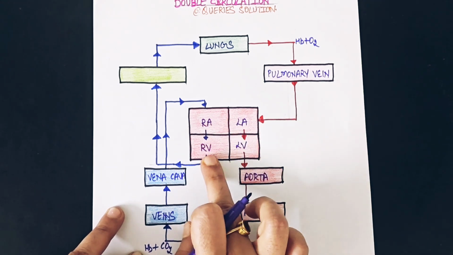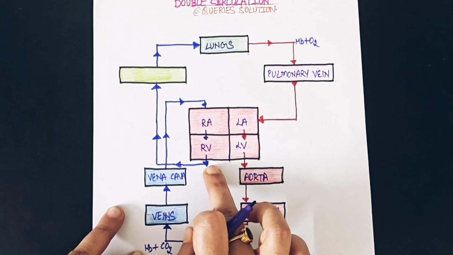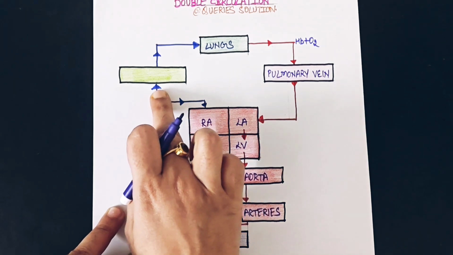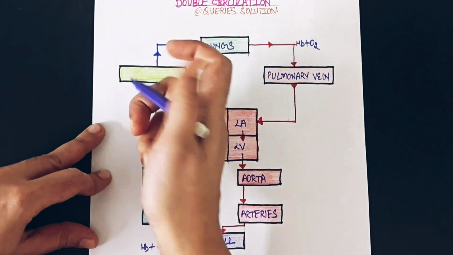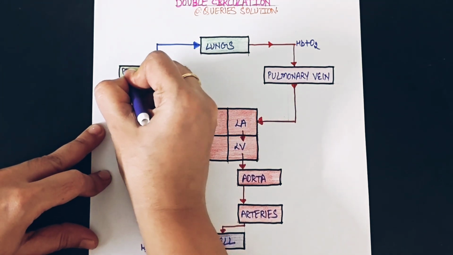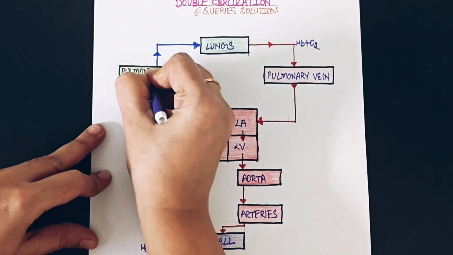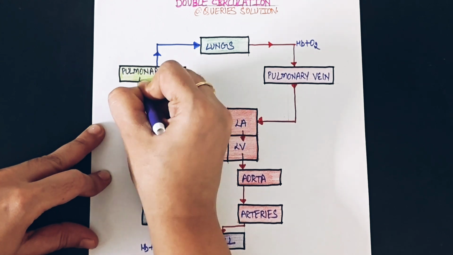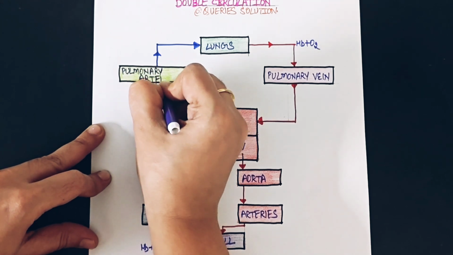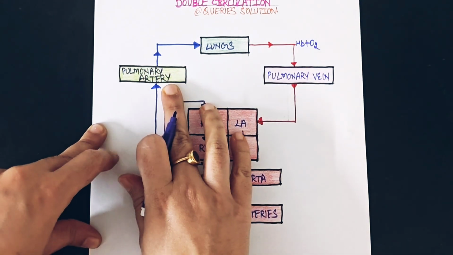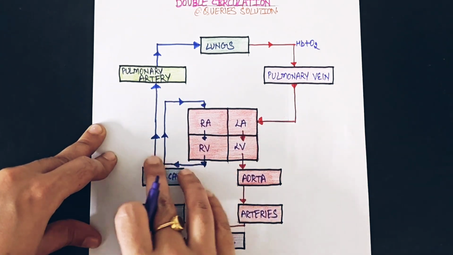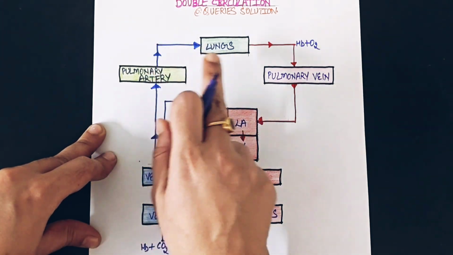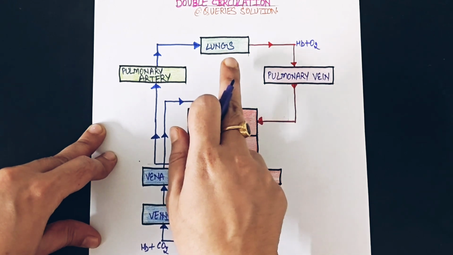From the right atrium, again as the rule says, the blood will go to the right ventricle, and then from the right ventricle the blood will go through another exceptionally important blood vessel, which is known as your pulmonary artery. So this is another exceptional blood vessel, the pulmonary artery, which will carry the blood from the right ventricle and send it back to the lungs again.